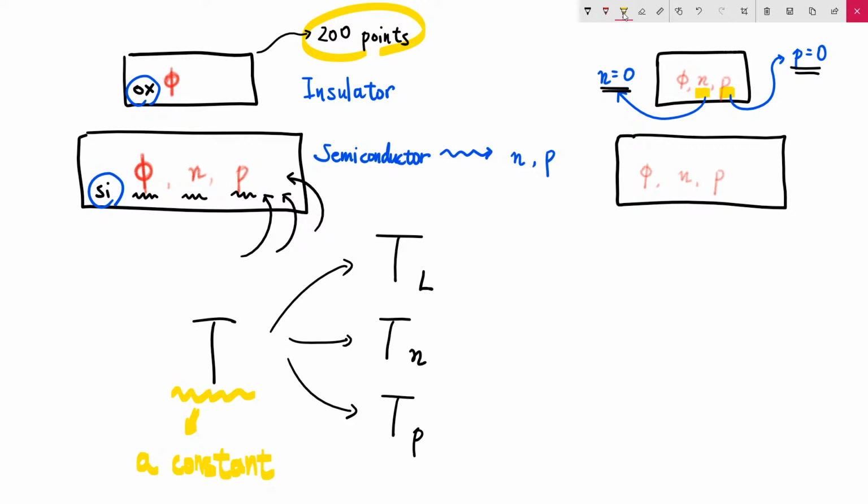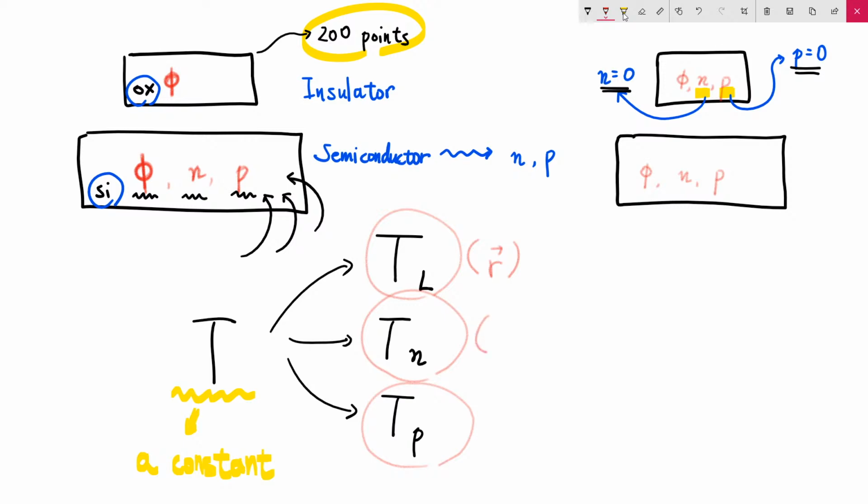However, now if we consider a more advanced physical model, then we can define three different temperatures. In this case, for example, lattice temperature can be a function of position.